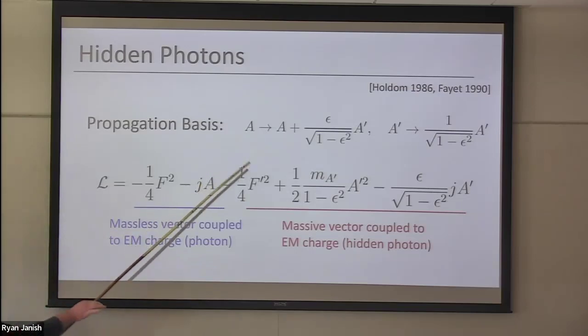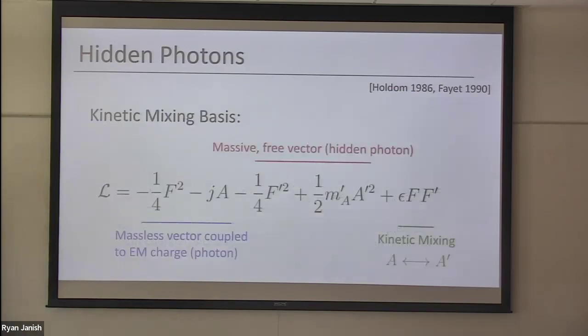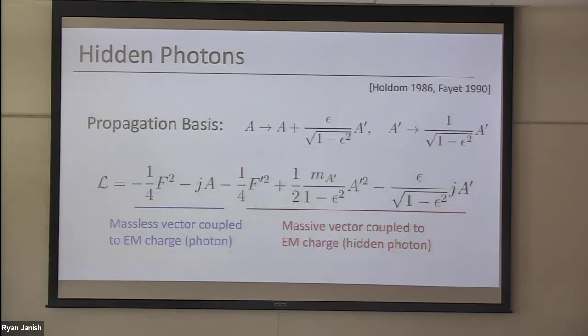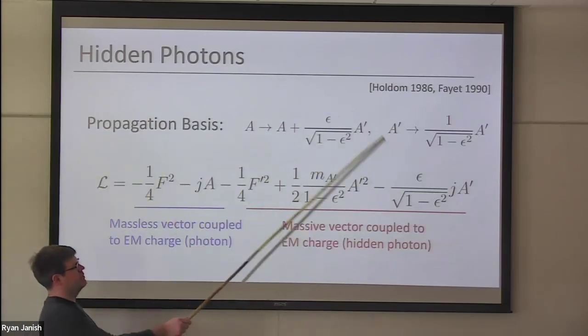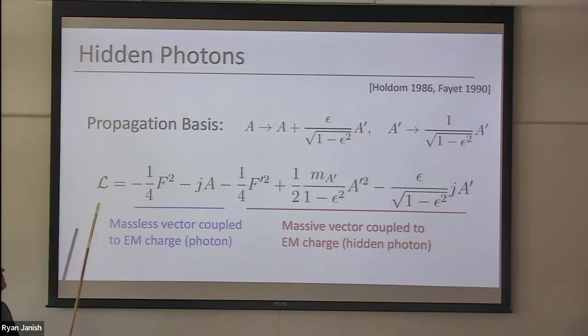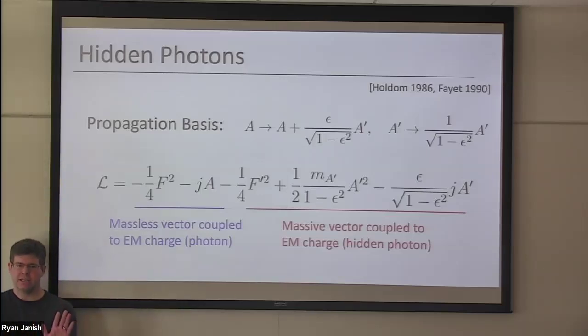This is a particularly useful basis. The previous one I'll refer to as the kinetic mixing basis, and this one as the propagation basis. The idea is to make this particular transformation, and the point of doing that is it eliminates that kinetic mixing term. So now these two fields are propagation eigenstates. They don't mix with each other at all.